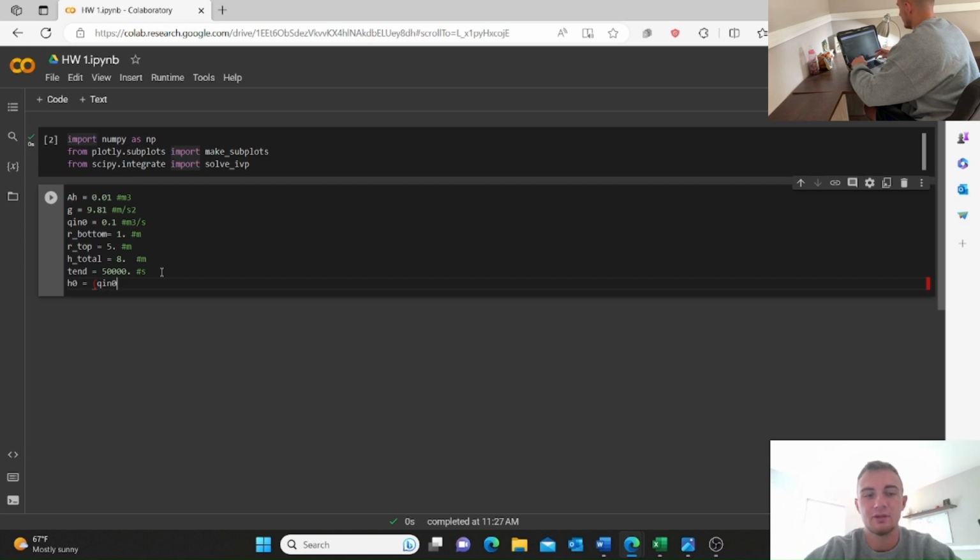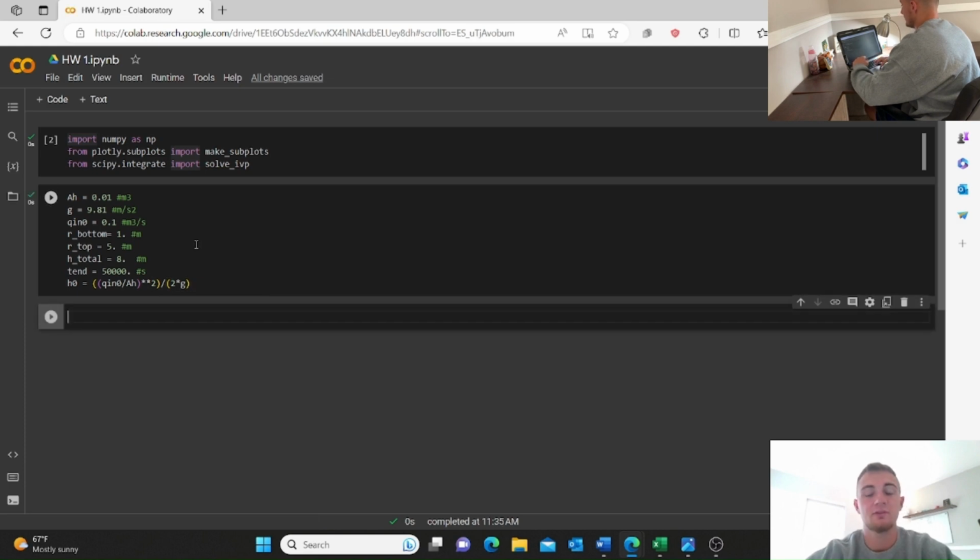If you go back to the derivation that we did, it'll be the initial flow rate divided by the cross-sectional area of the hole at the bottom, all squared, and then I believe we're going to divide this by 2 times g. So 2g. So that is the initial height of our tank. So we can already calculate that right off the bat.